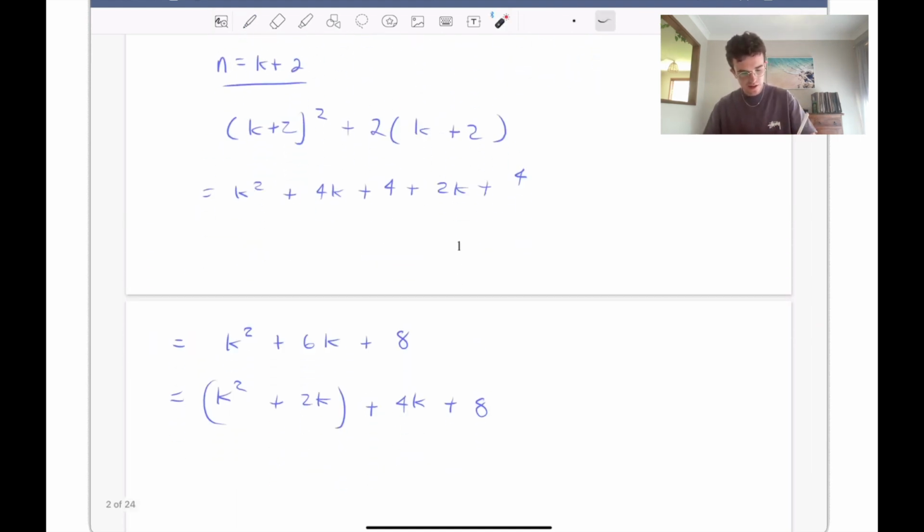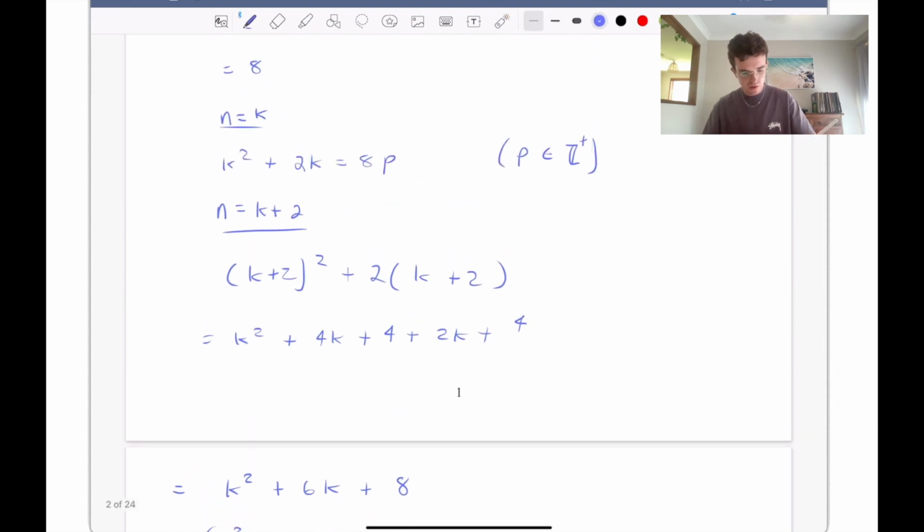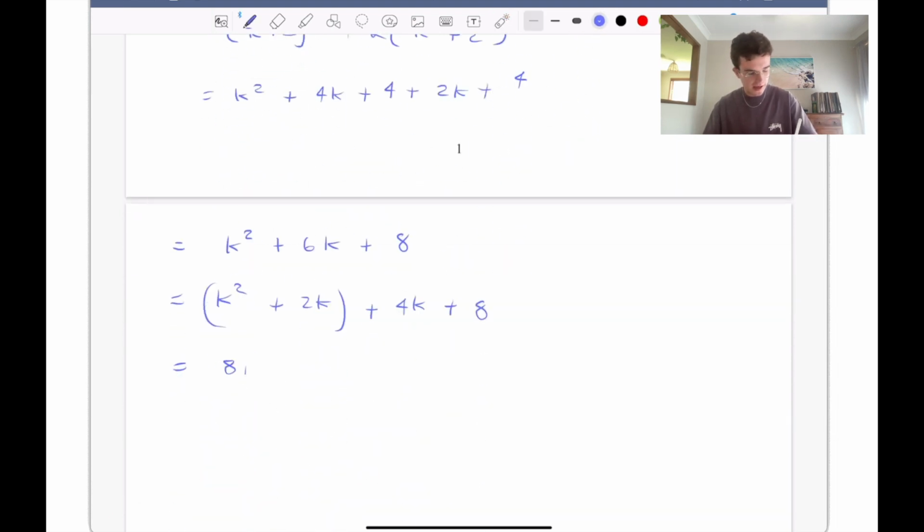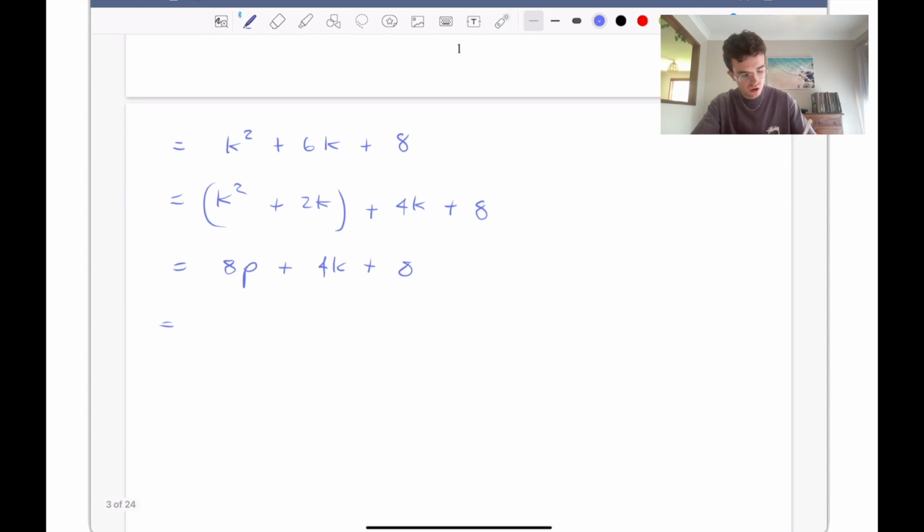Now this here is equal to 8p, so this is 8p plus 4k plus 8. Now we could take out a factor of 8 by going, this is 8 times p plus k on 2 plus 1.